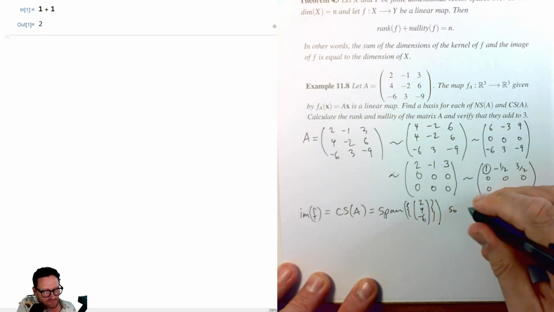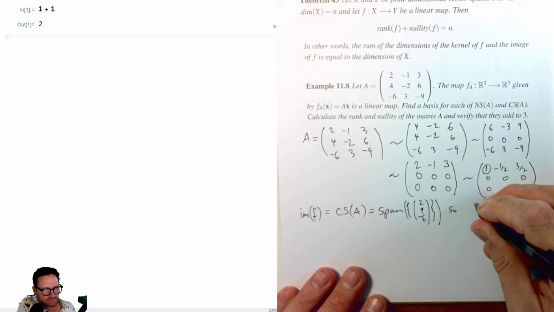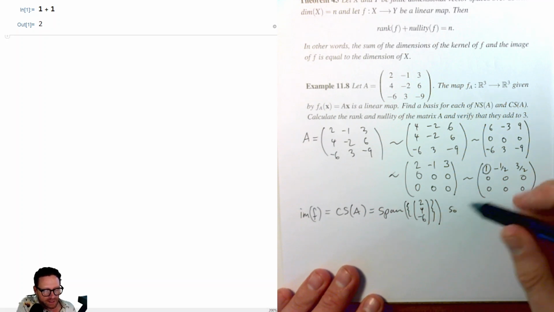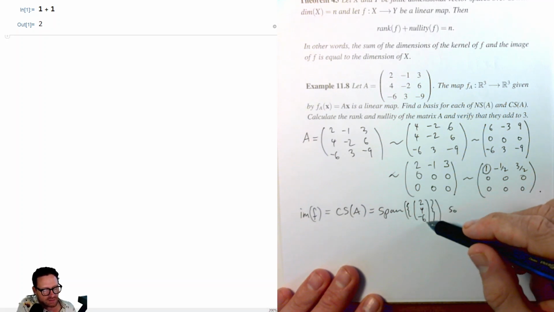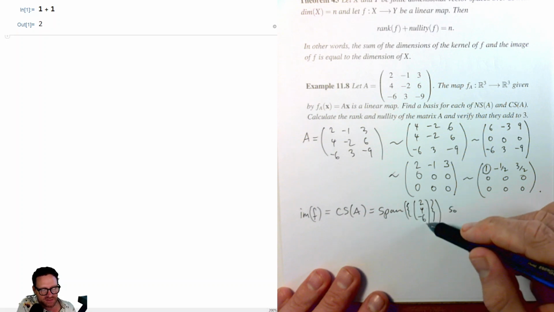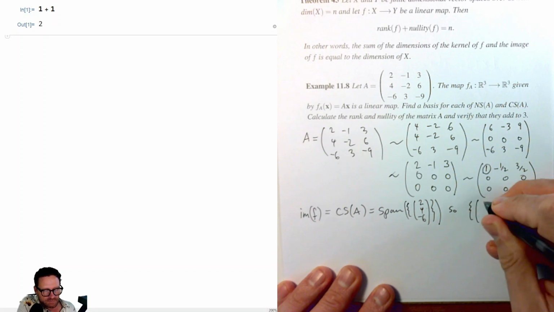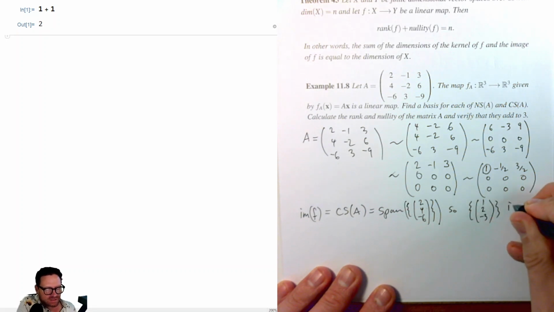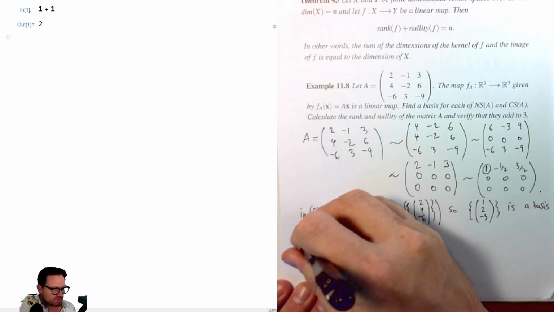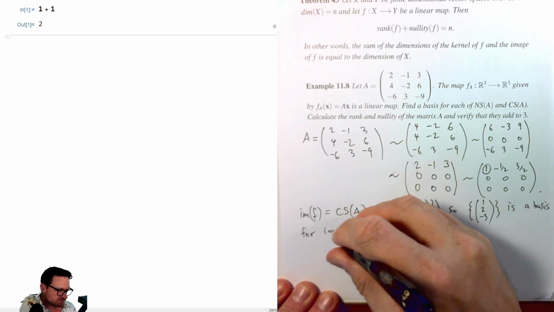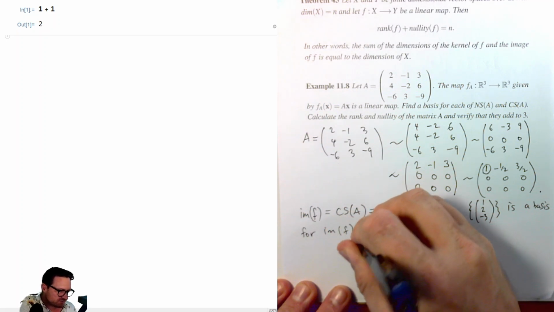We can even see that all of these are divisible by 2, so let's divide that throughout by 2. So 1, 2, -3 is a basis for the image of the map F.